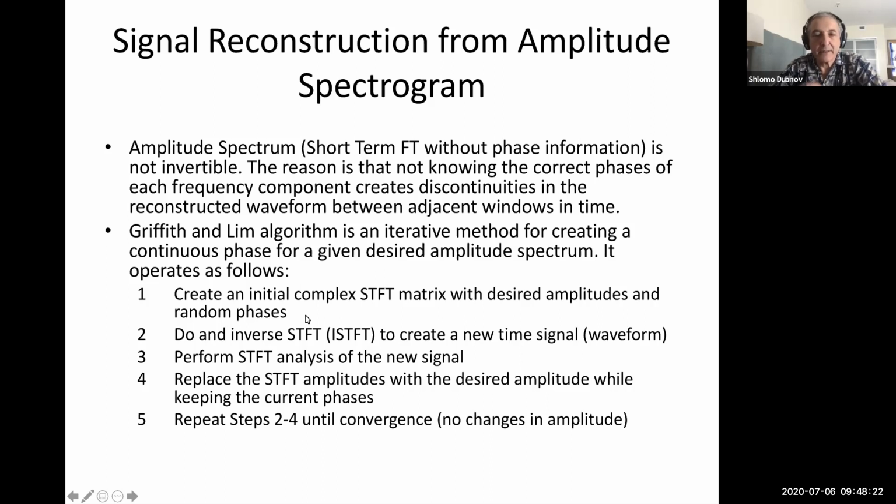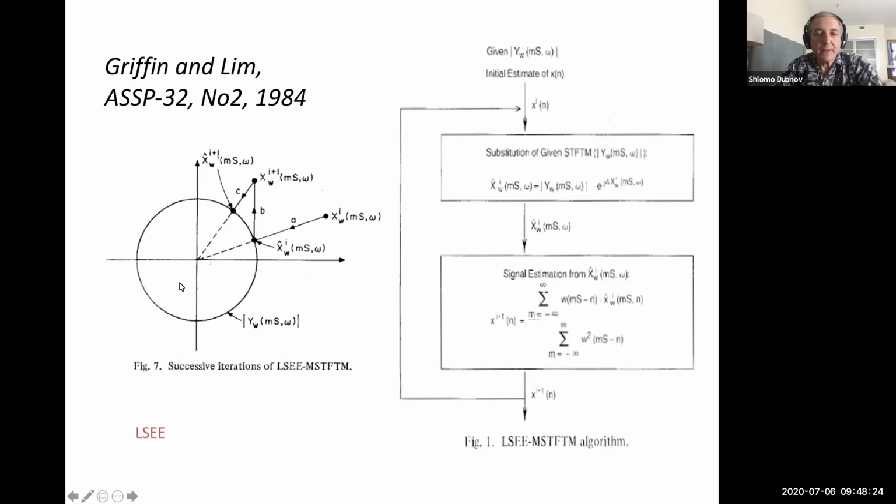So here's how it is expressed a little bit more graphically. What we do is we have some initial, randomly generated signal with random phases, and let's say this is one frequency. This is a specific frequency, and if you represent this in a complex plane, this is the amplitude of the S. This is one STFT value, a fixed omega.